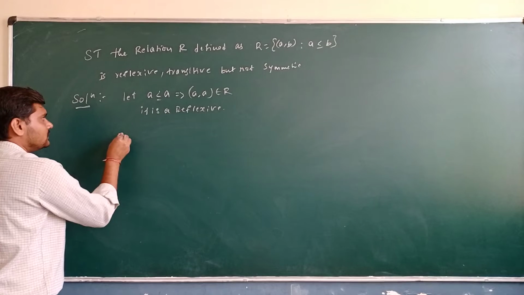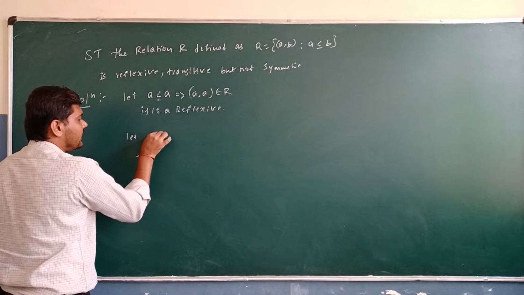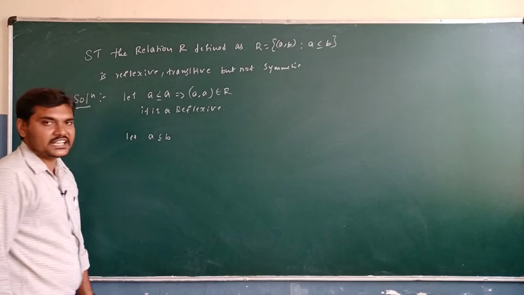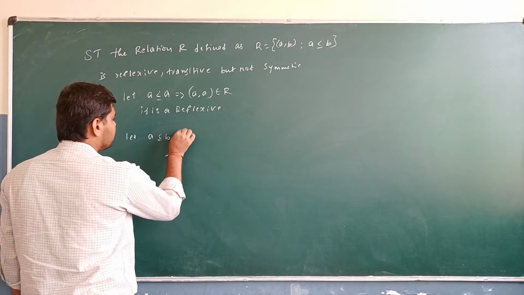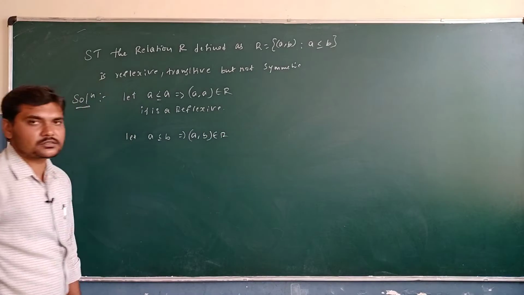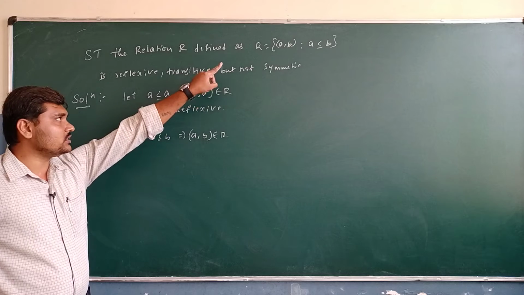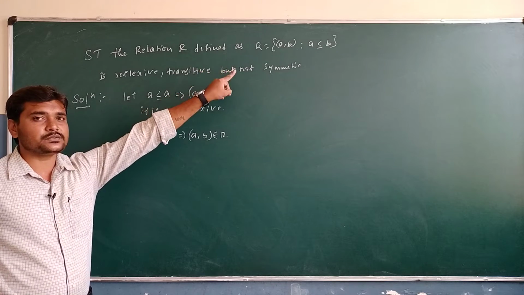Suppose second one, let a less than or equal to b. I am taking a less than or equal to b, which implies that (a, b) belongs to R. Pay attention, if a is less than b, then in the given relation R it is going to satisfy the property.